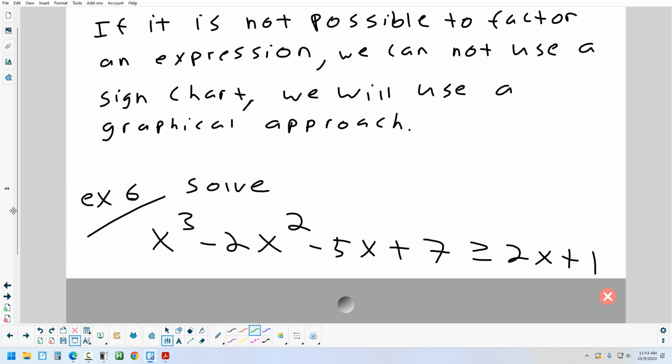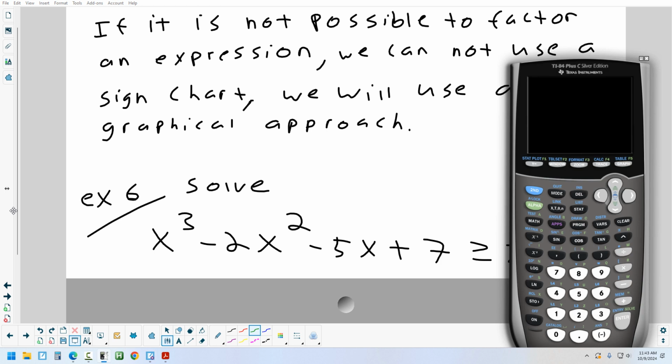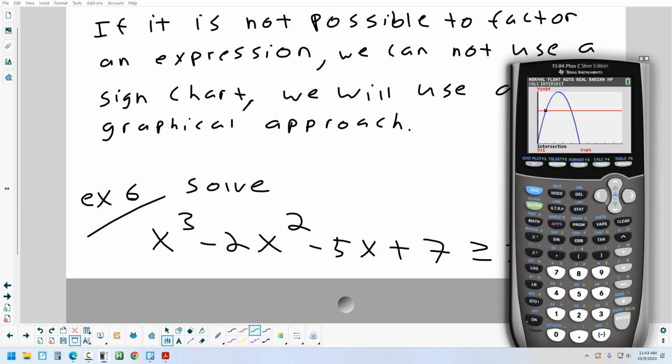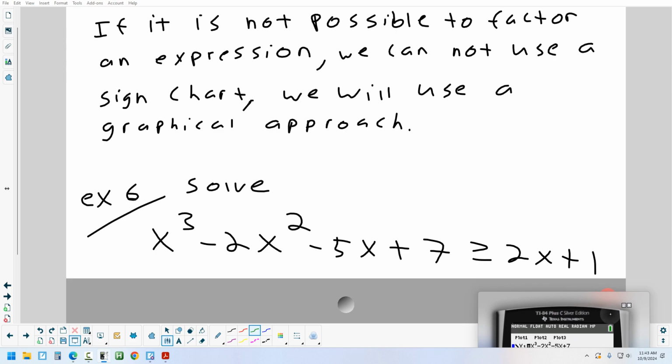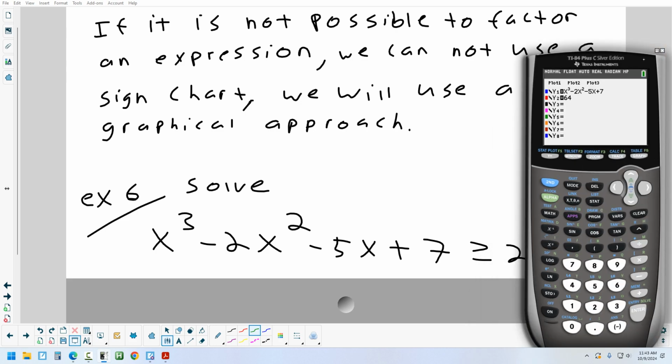So what we're going to want to do is put what's on the left in y1 and put what's on the right in y2. Okay, so we've got x cubed minus 2x squared minus 5x plus 7. Okay, so that's my y1. And my y2 is going to be 2x plus 1.